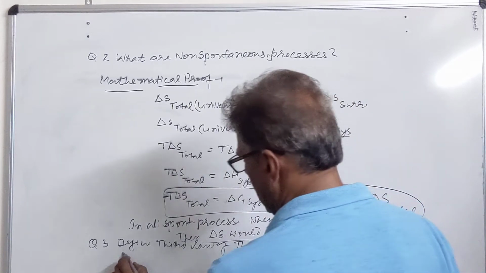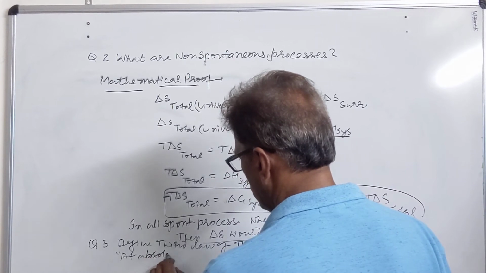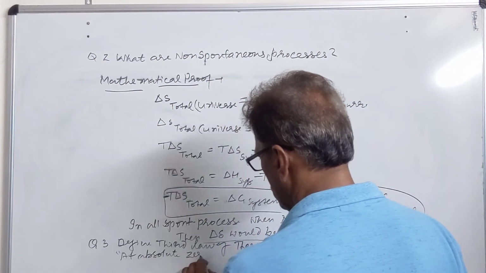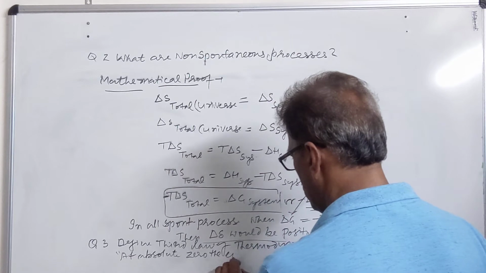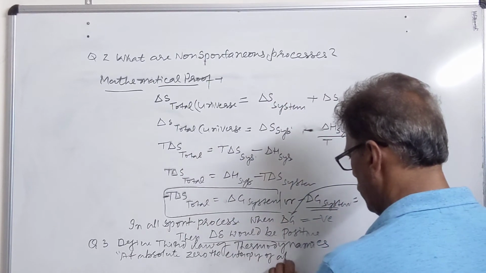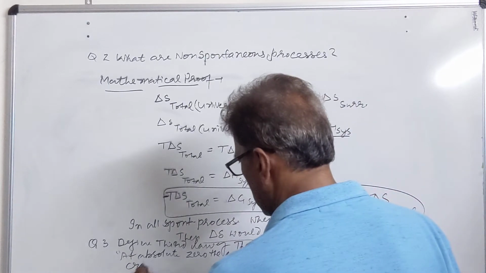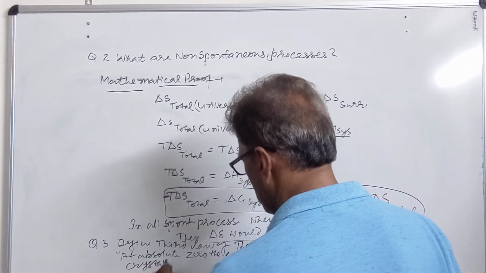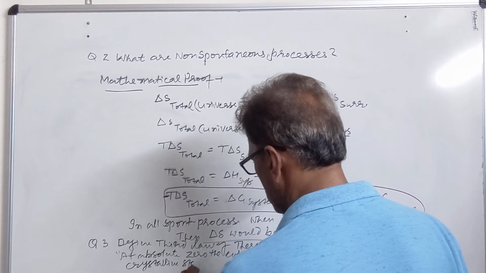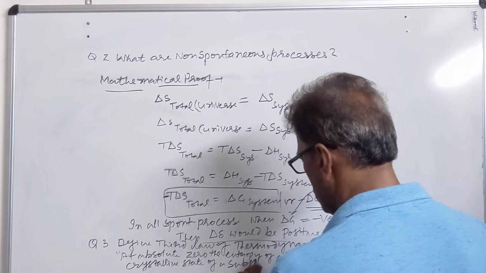It states that at absolute zero, the entropy of absolute crystalline state of a substance is zero.